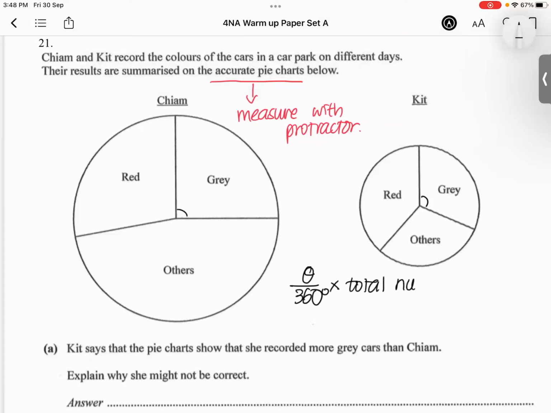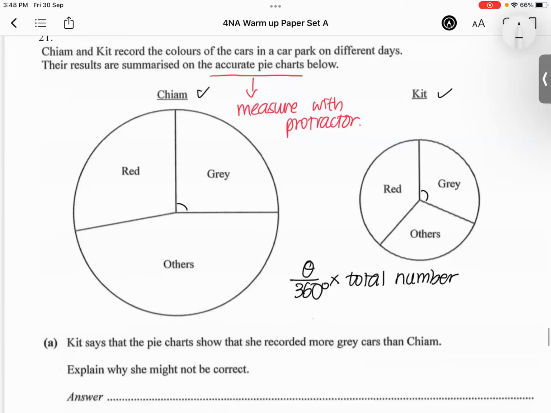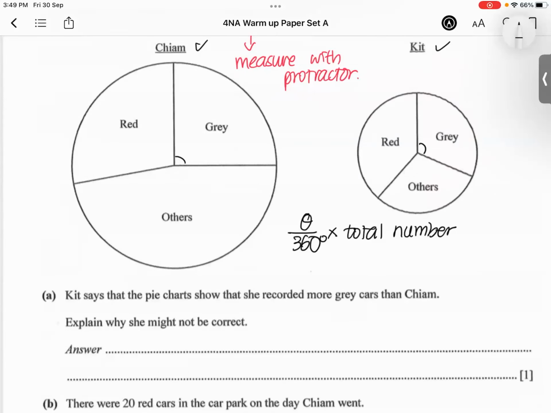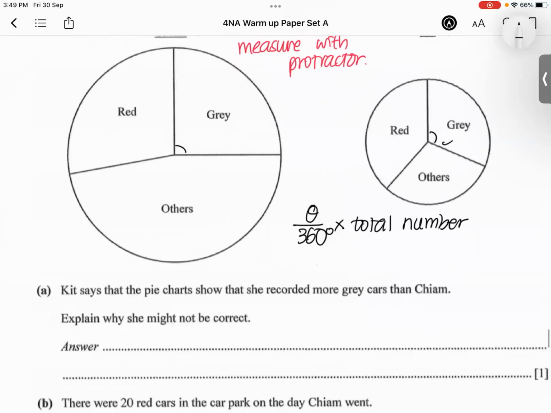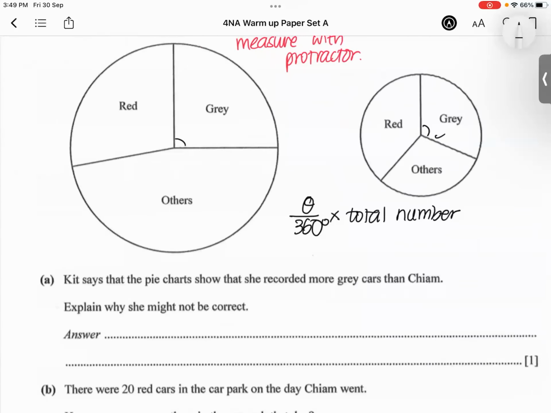multiplied by the total number. Okay, it's a portion. But the total number recorded by Chum and recorded by Kit were on different days, so this total number may not be the same. So even if Kit has a larger angle, if I do not know the total number, I'm not able to conclude definitely that she recorded more gray cars.